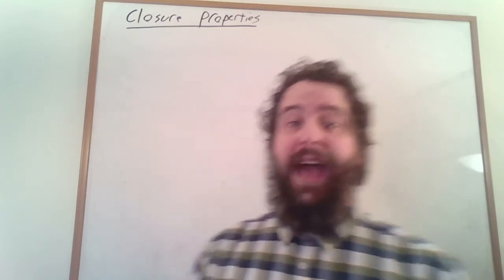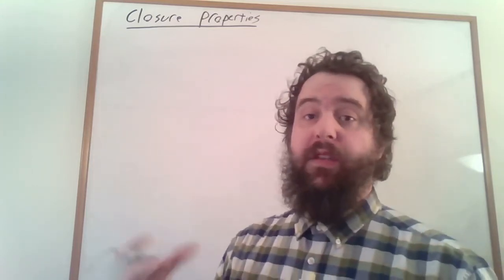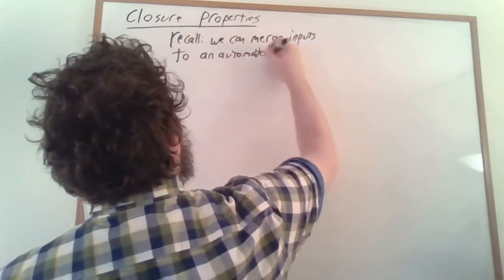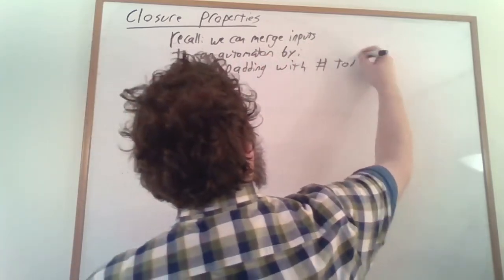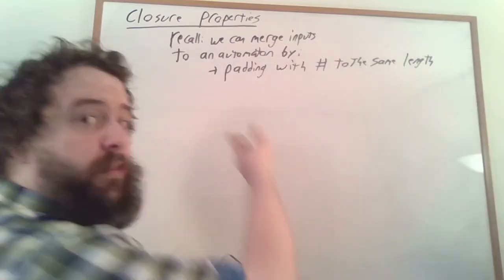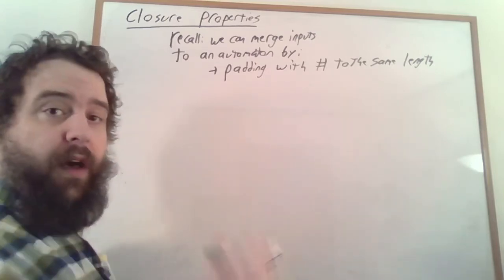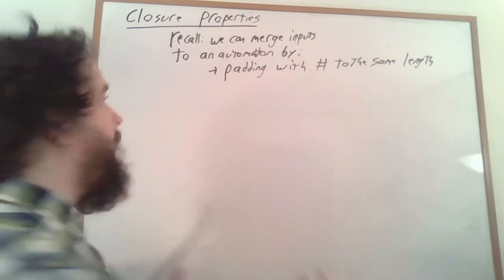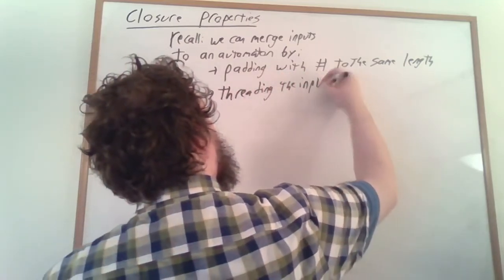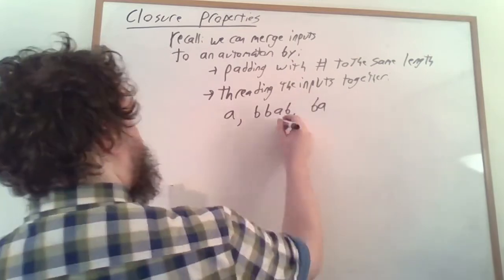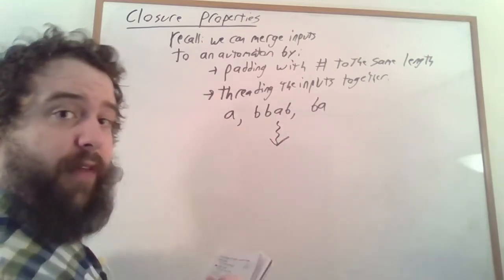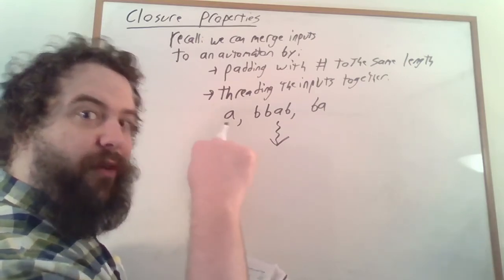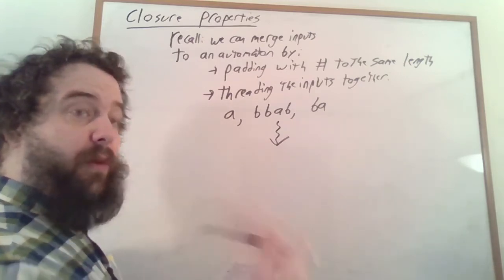Remember that if we have a bunch of inputs that we want to input into an automaton, we do so by first padding all of our inputs with octothorpes, end-of-word characters, so that they're all the same length, and then threading all of our inputs together so that the first character of the input is the first character of all of the individual inputs, and so on and so forth.